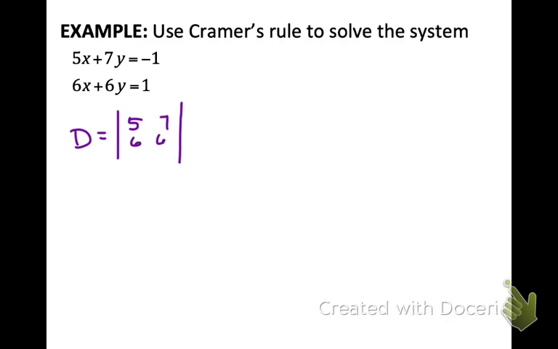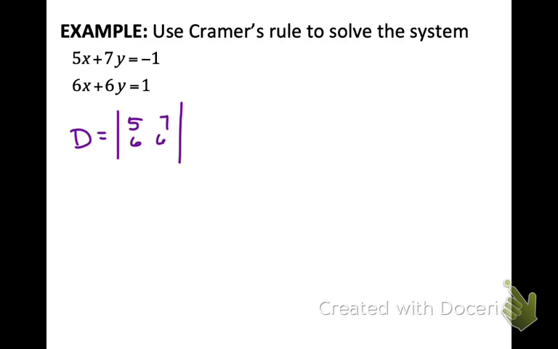Now that we know that if the determinant was 0, it would not be solvable, if I was given this right away, I would do a quick mental spot check. 5 times 6 is 30. Is 6 times 7 30? No, so that means it's probably going to have an answer, right? It's just a nice little tidbit to have in the back of your brain, thinking about determinants.